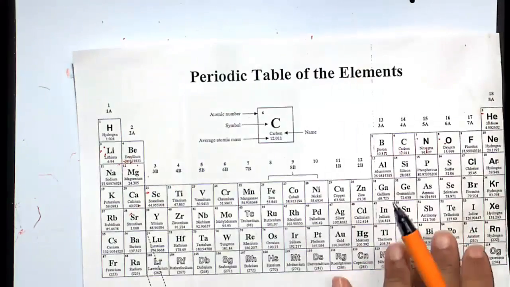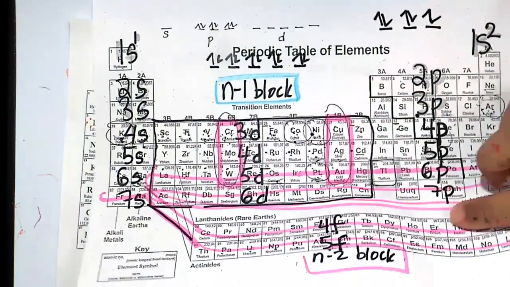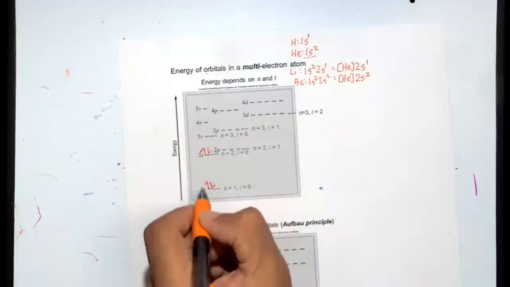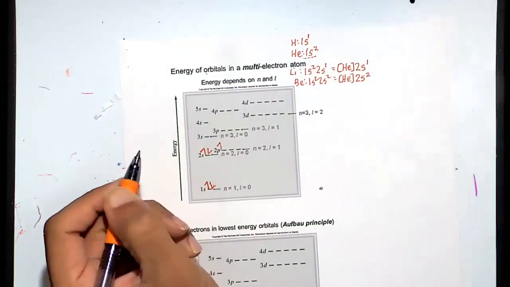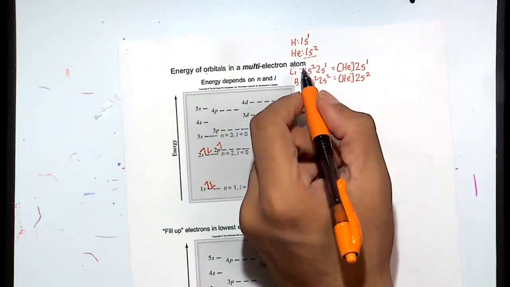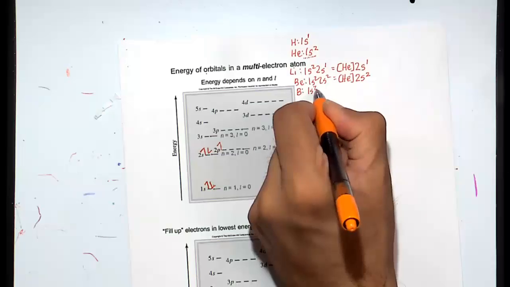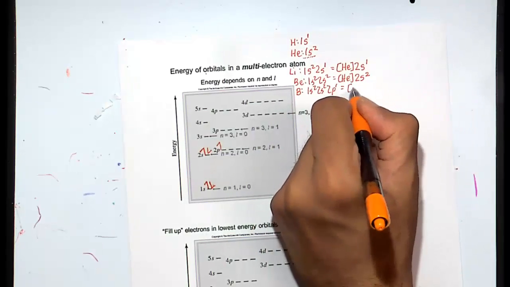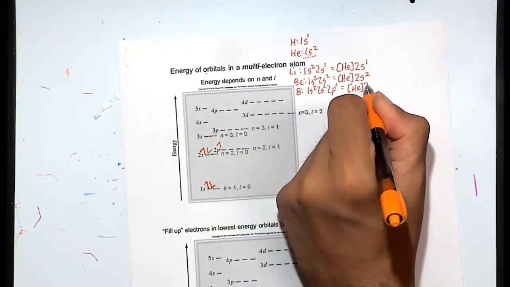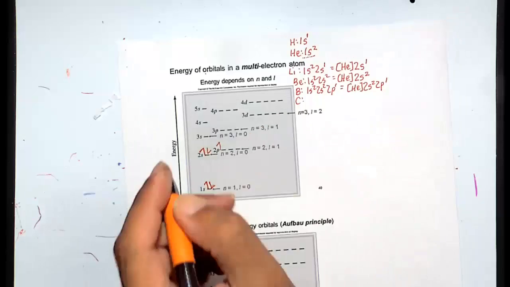So the 5 electrons in boron, 1, 2, 3, 4, it will go to 2p. So the electron configuration of boron is going to be 1s2, 2s2, 2p1. I'll just call it helium 2s2 2p1.